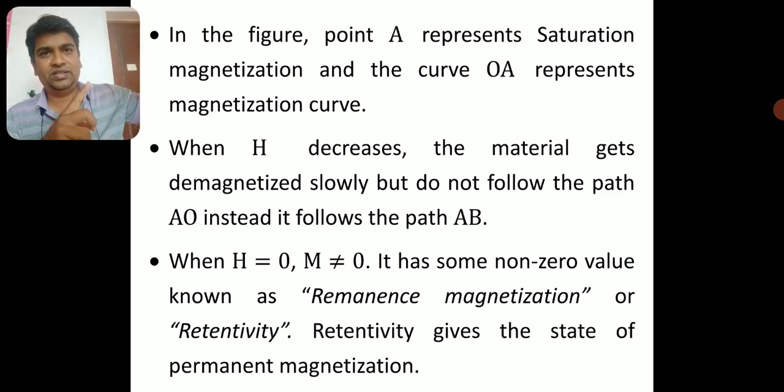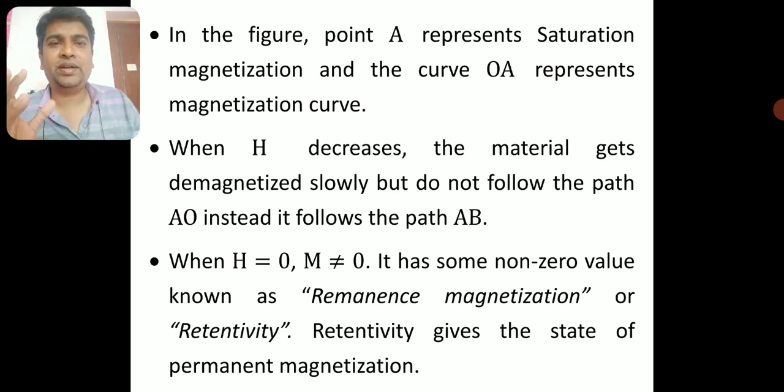We have increased the magnetizing force. Magnetization increases and attains a maximum, which is called saturation magnetization. Suppose I start decreasing the magnetizing force, the magnetic field H. The material should get demagnetized slowly, but it does not follow the path AO.